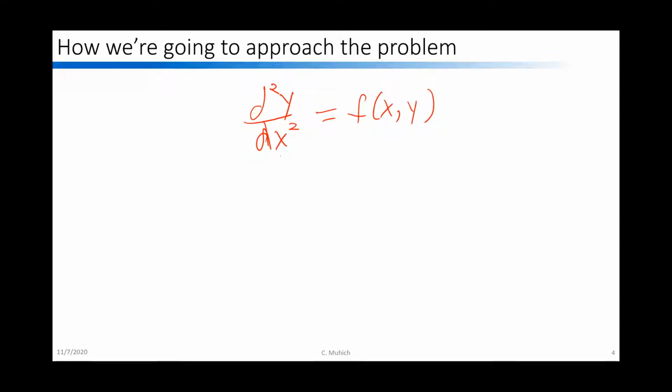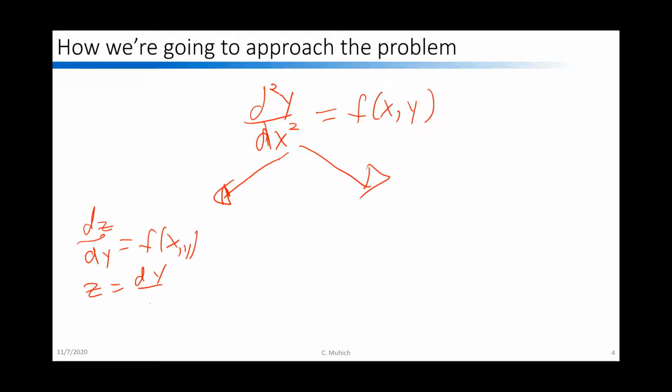We're going to break this up into two different types of problems, two different possible approaches. One is going to look very much like the initial value problems that we talked about before. We're going to break this up into, say, dz/dx equals f of x comma y, where z is equal to dy/dx, right?